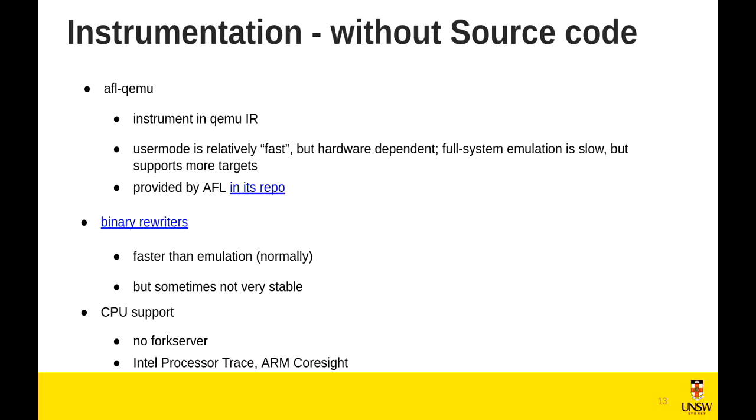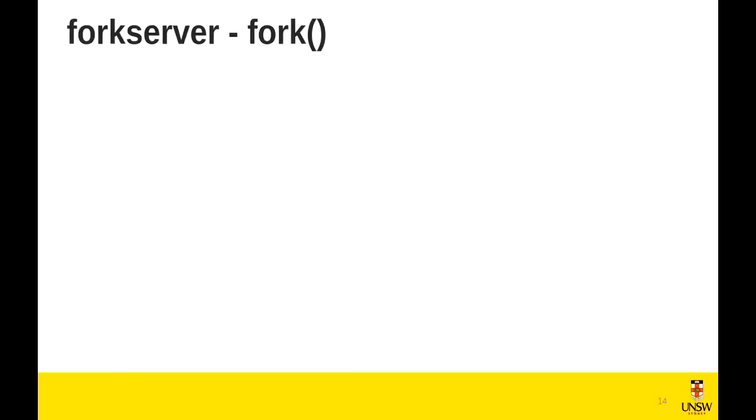But overall, if we have source code, that's the best case, and because this is too hacky, we don't learn about them in detail in this course. Let's learn how we do the instrumentation and how the instrumentations work with source code.